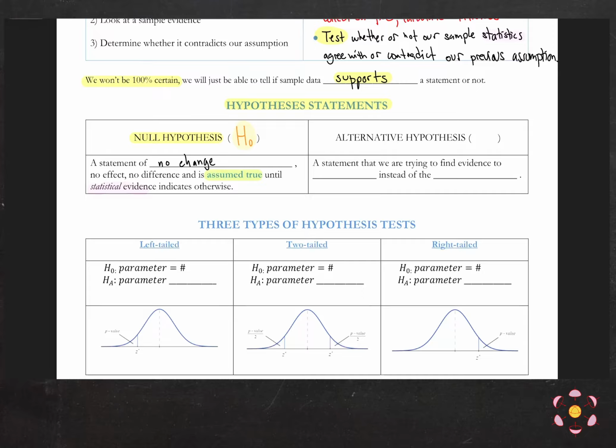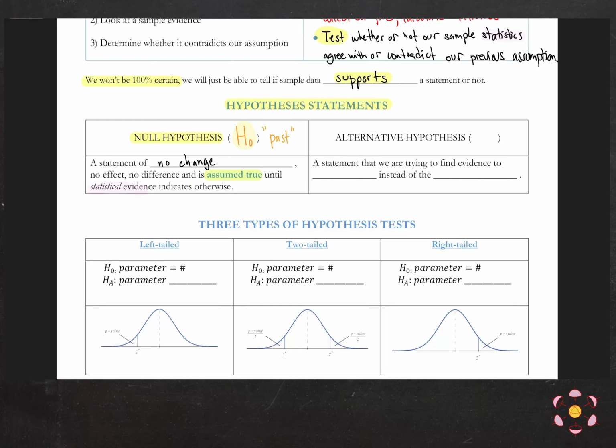So this is what I'm talking about when we say the past. And I keep putting quotes here because that's just one specific application of a hypothesis statement. As we progress in the chapter, we'll talk about more general ways of how we use these tests. But okay, start with the idea of we've got past information, and then we're going to just collect a new sample and compare the now versus the past.